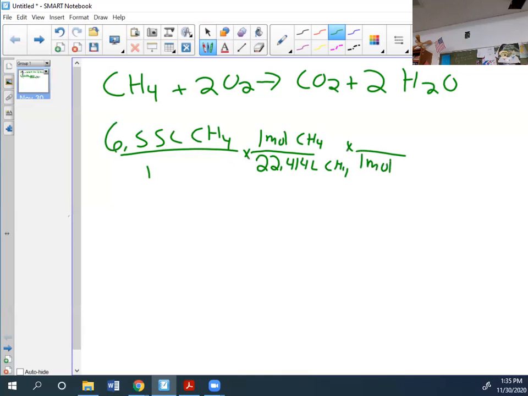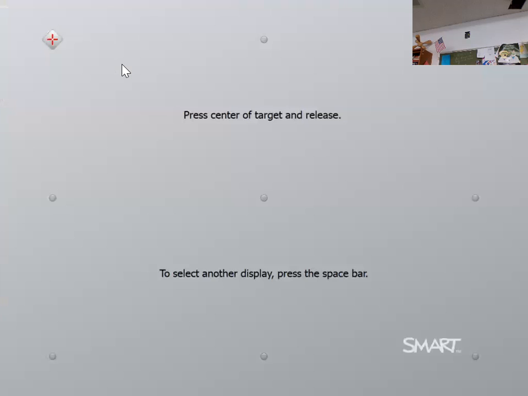Where did I get this 1 mole CH4 from? The balanced equation. What am I going to? Carbon dioxide. So 1 mole CO2 times 22.414 liters CO2 over 1 mole CO2.